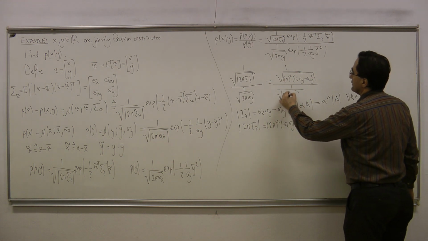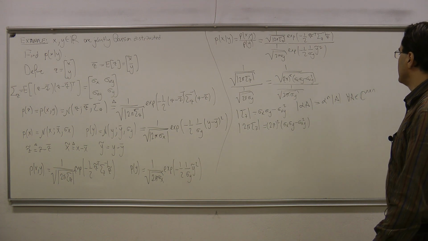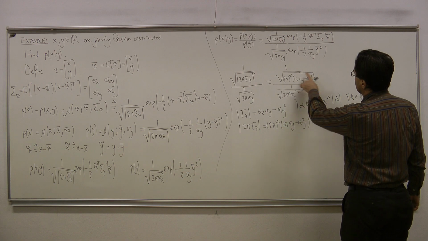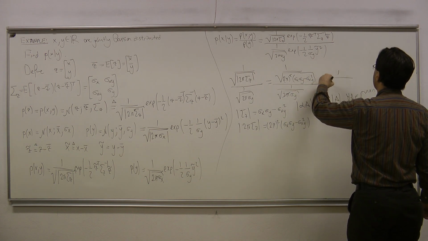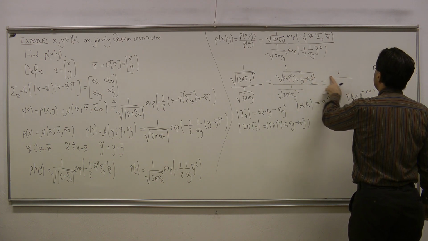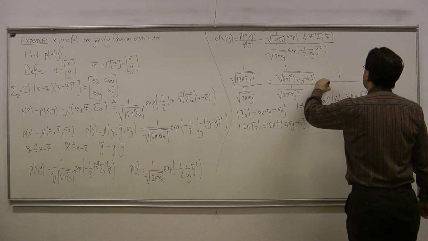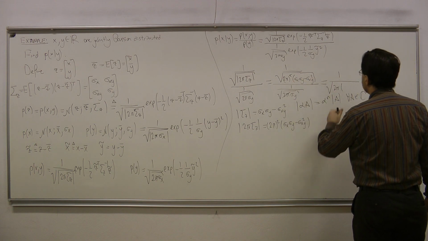Now here, this 2 pi cancels one of the 2 pi's in the numerator, and I need to divide this determinant by sigma y. Sorry, the equality signs are really in bad positions now. So I would have 1 over square root 2 pi times this determinant divided by sigma y.